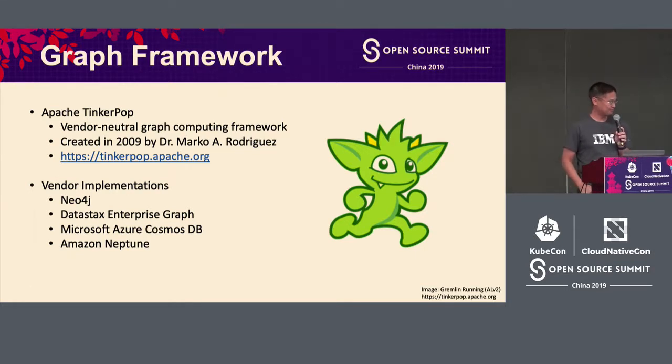But other big entries are the DataStax Enterprise Graph. Microsoft has a cloud-managed Azure Cosmos database. It does graph and other different styles of NoSQL databases, and Amazon Neptune, which notably does property graphs and RDF graphs. RDF graphs are the semantic web type of graph.